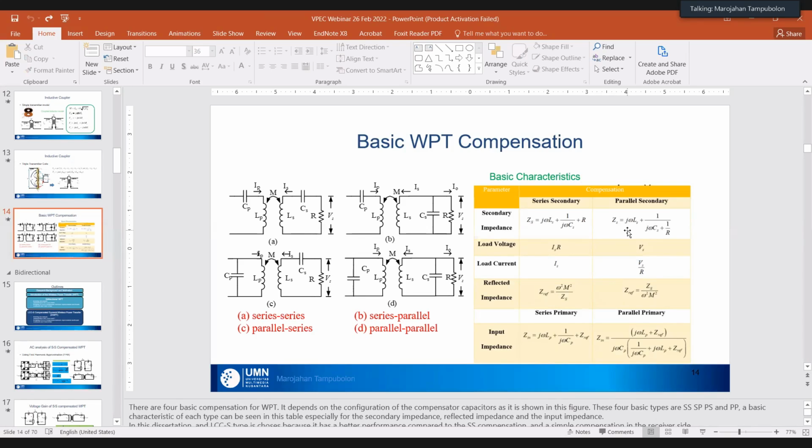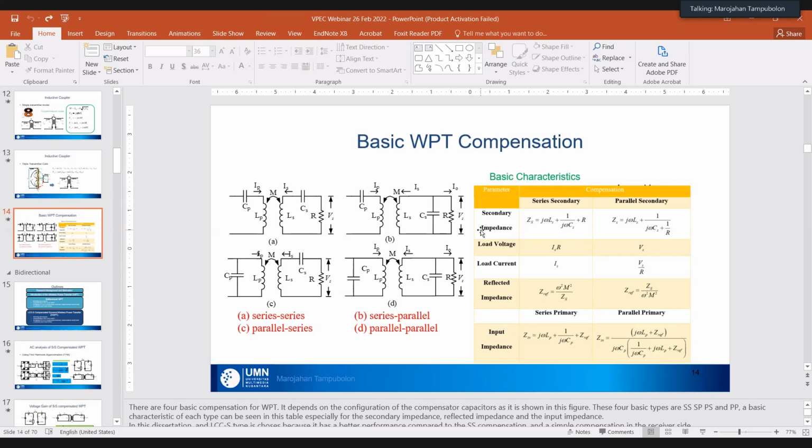You're right. The standard is a fixed frequency, around 85 kilohertz, but I think it's still okay to change a little from that, because we have a small frequency band that we have freedom to use.